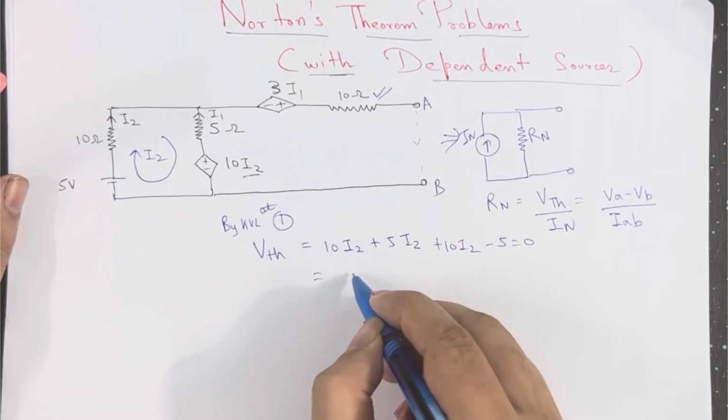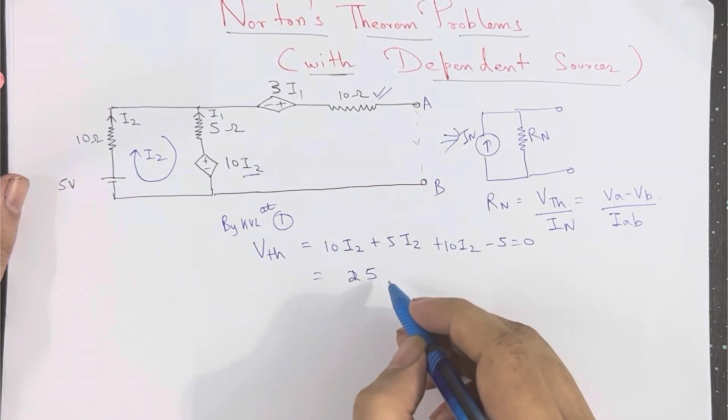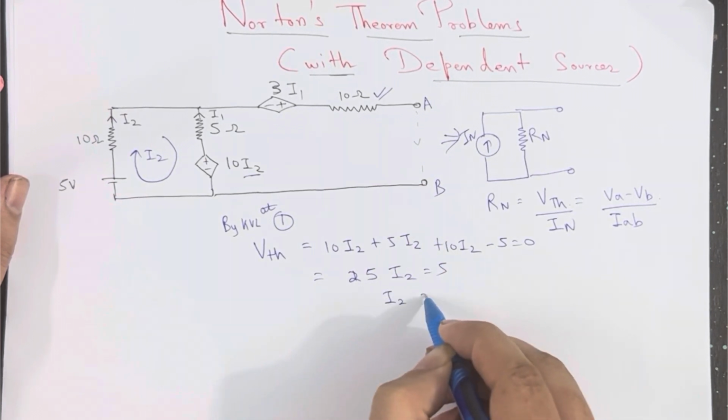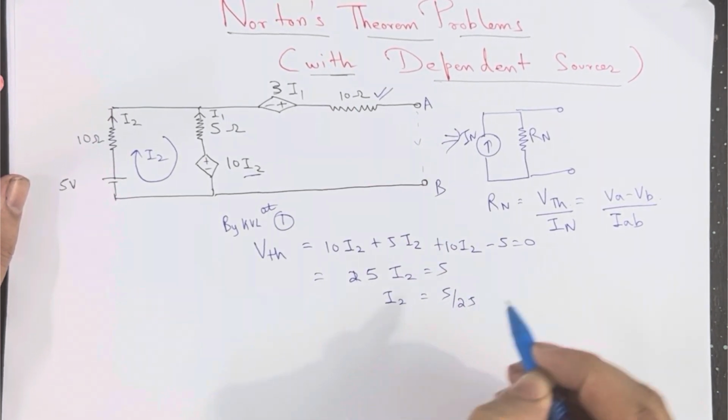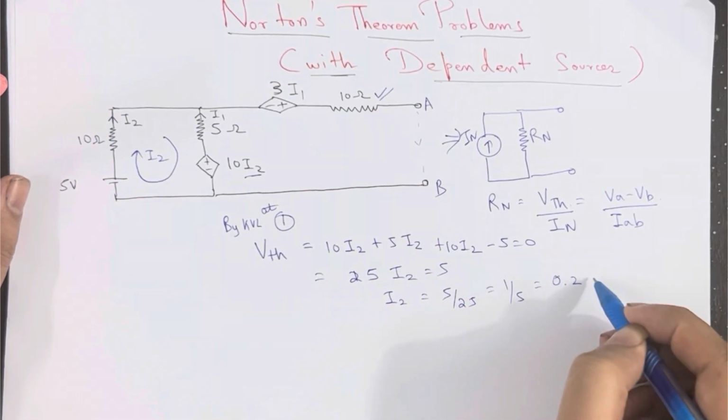So we get 25 I2 equal to 5. So I2 will be 5 by 25, which is 1 by 5, which is 0.2 amperes.